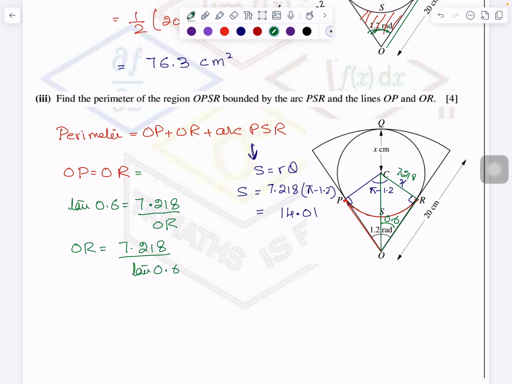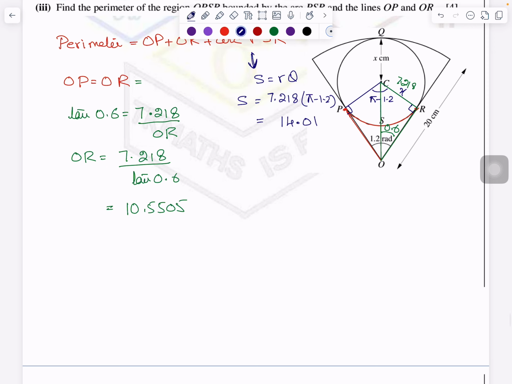Now pick up the calculator again quickly. What is the answer? Let me take here. Just a minute, calculator. Okay. 7.218 divided by tan 0.6 is 10.5505. So now I can easily find the perimeter. I have all the values here.